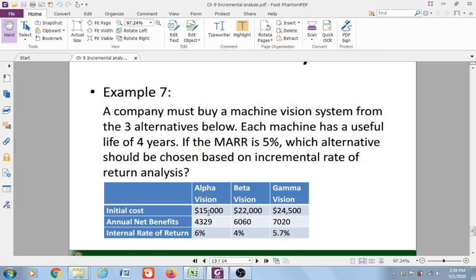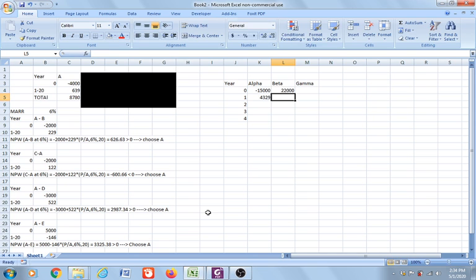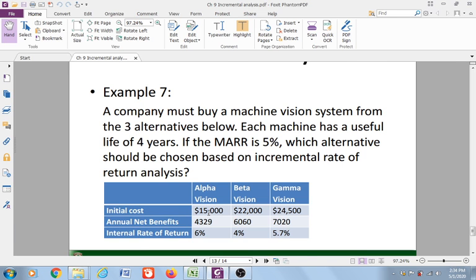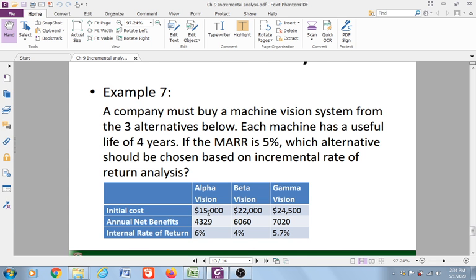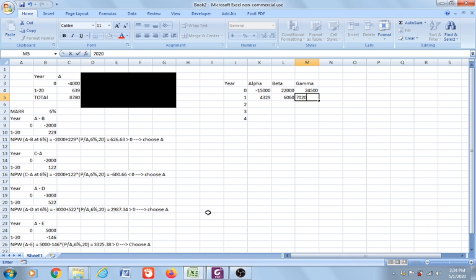Beta, 22,000, annual net benefit 6060. Gamma, 24,500, and that is 7020. Those values happen from year 1 till year 4.